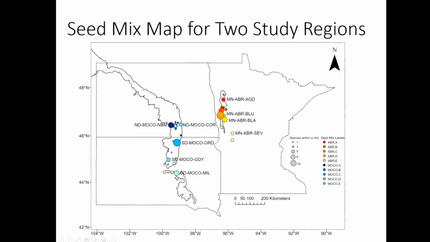Near that latitude, we can see a couple of smaller dots of dark blue indicating other populations from which I was able to collect species for that mix. The main point of note here is that there's a mild color gradient from north to south, indicating the different latitudes in which I made my seed mixes.